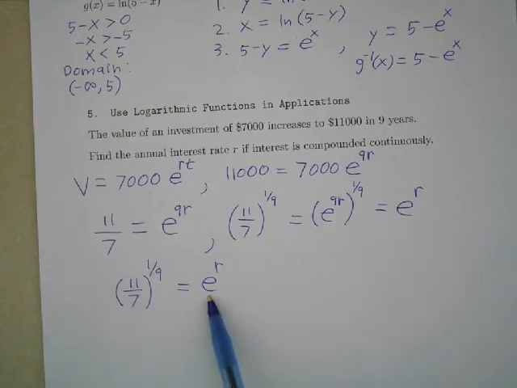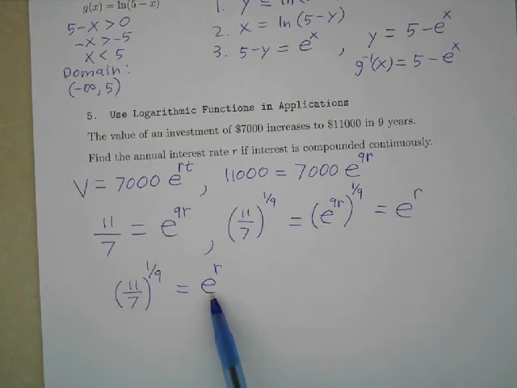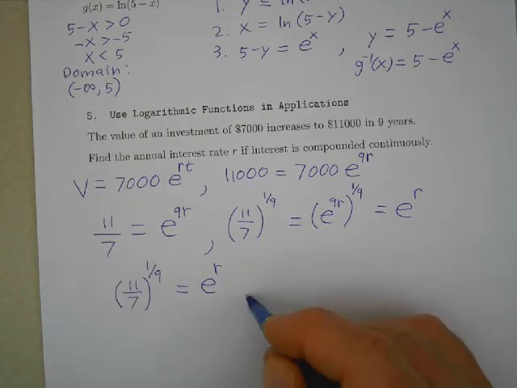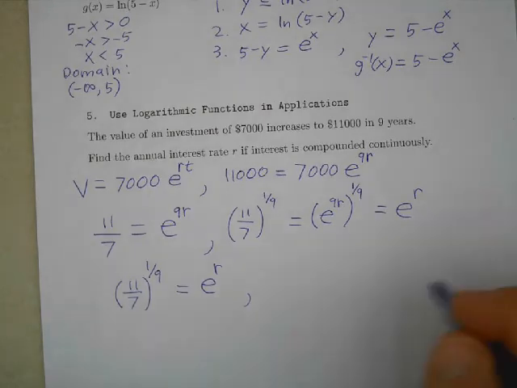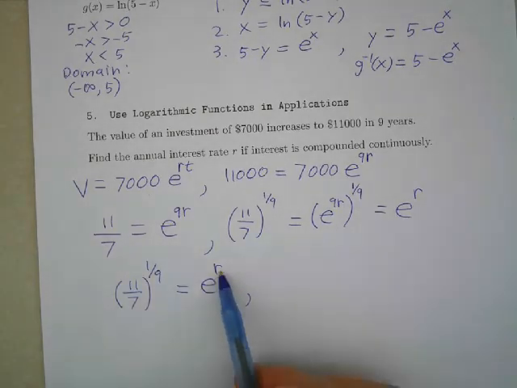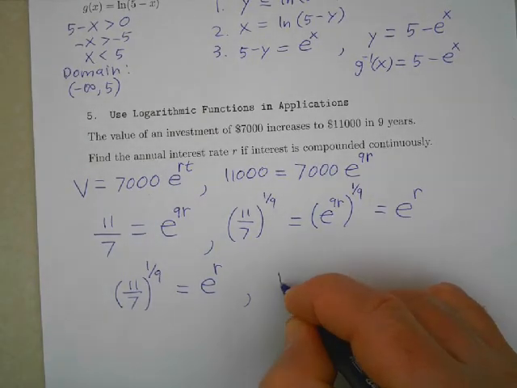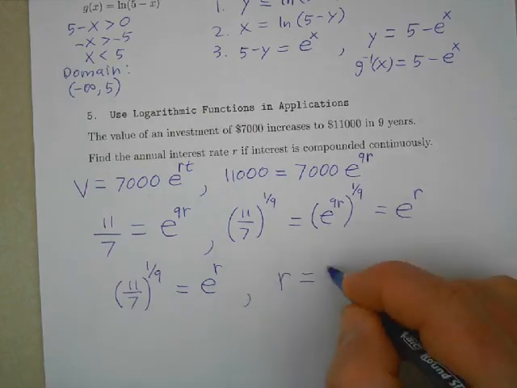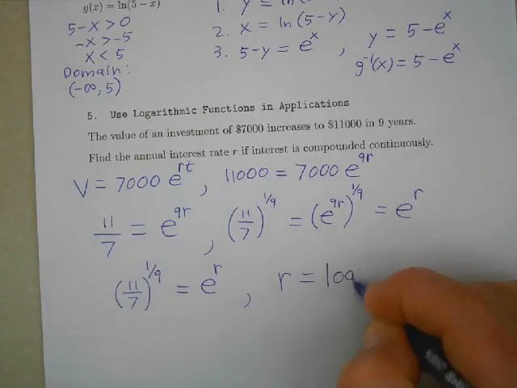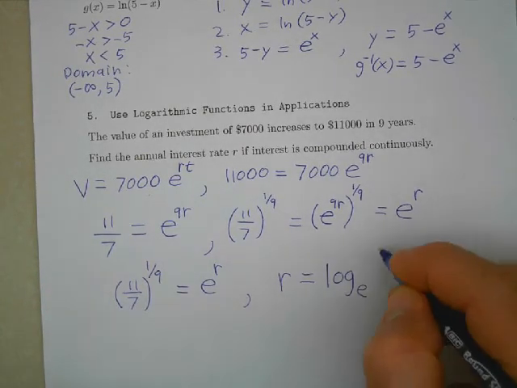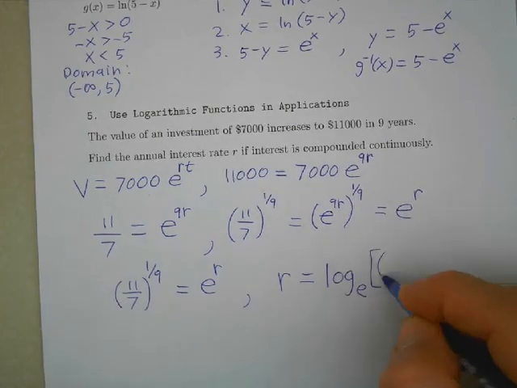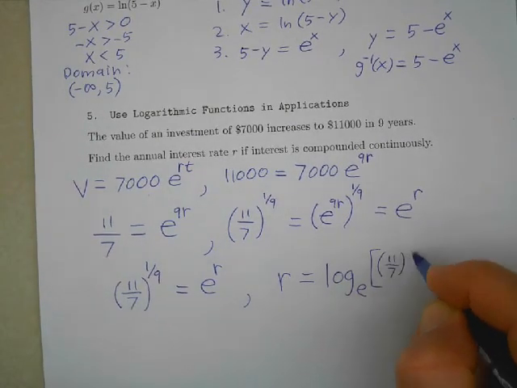Okay, and we know how to do that because this is just an exponential equation. The base number is e. So if I convert this to a logarithmic equation, the base of the logarithm is e, and the exponent on e is r, so r is equal to the base e logarithm of this number, 11 sevenths to the 1/9.